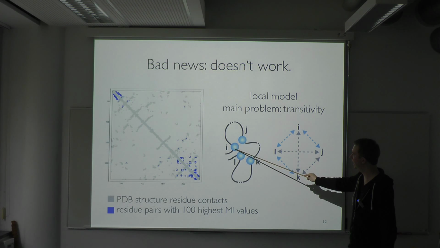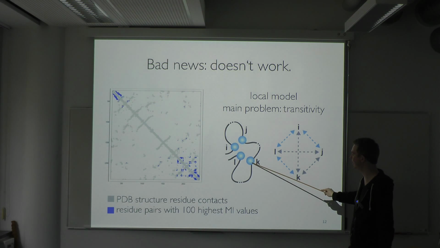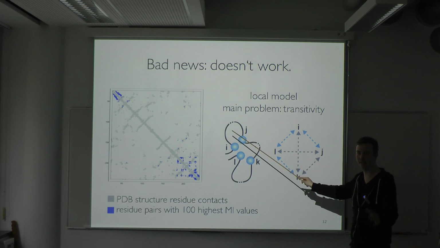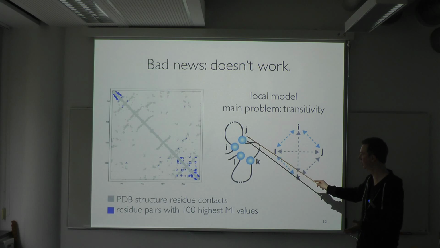Then residue I will need to compensate for that first mutation. That in turn will cause L to change, and then, because L changes, K changes. So this change in J triggers this whole chain of changes throughout the molecule.